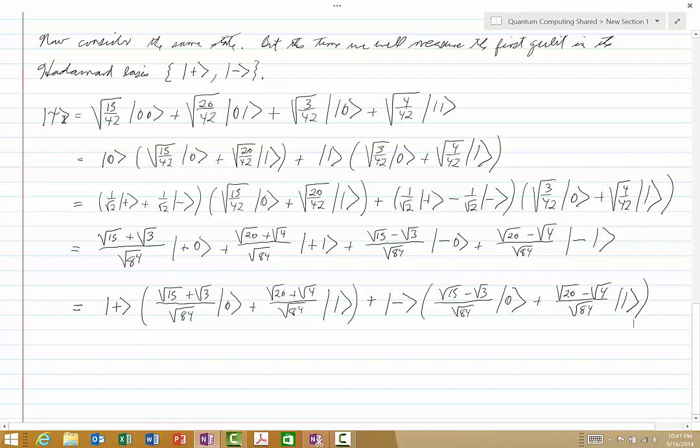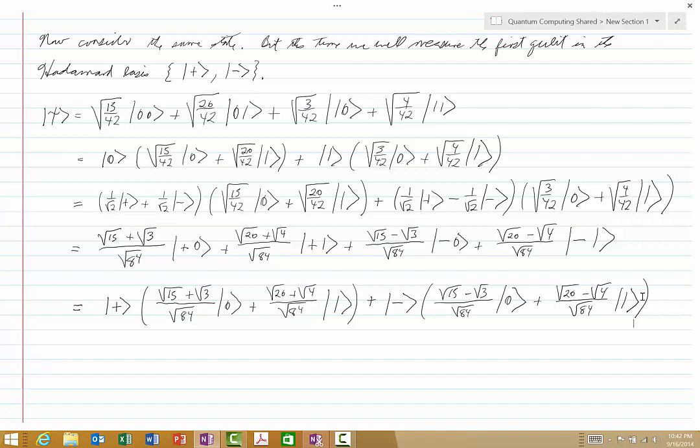When we measured the first qubit of this state with the standard basis, you will remember that we concluded that the term in parentheses here, which represented the second qubit, was the same in both cases, which meant that regardless of what our measurement for the first qubit yielded, that would not affect our measurement of the second qubit of the pair.